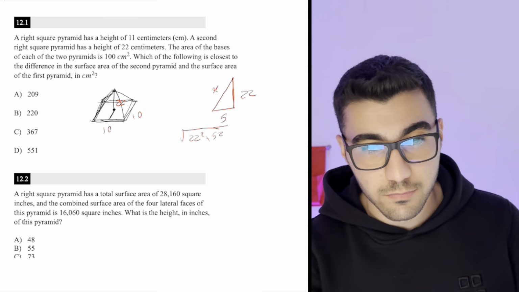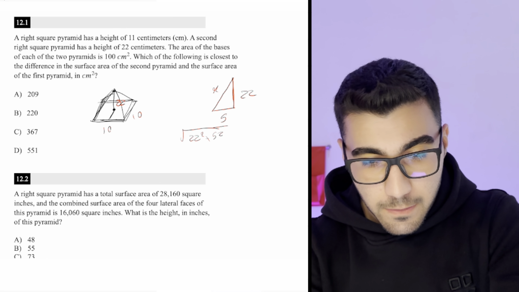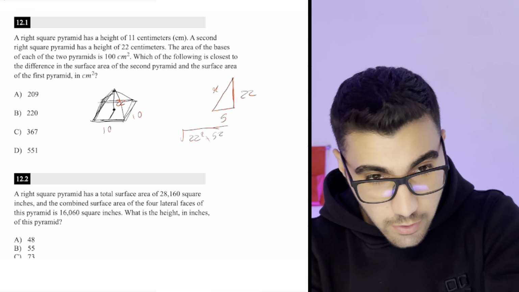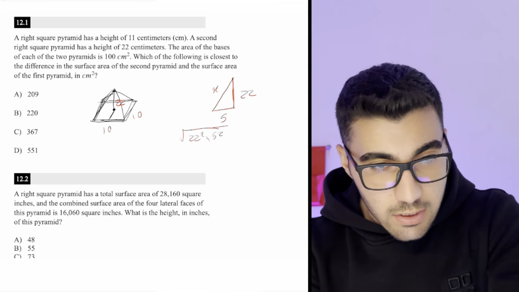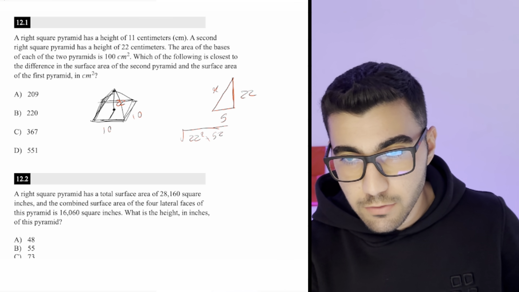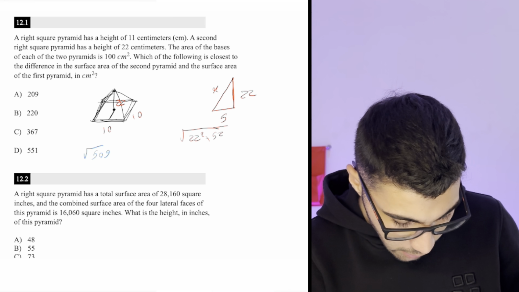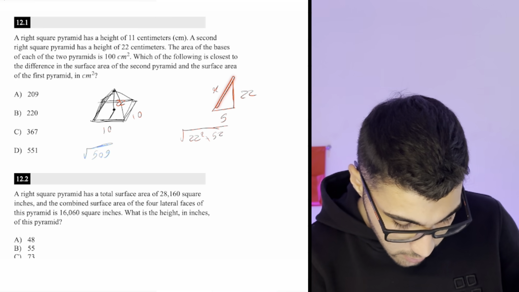Let's do that on Desmos. We're going to have the square root of 22 squared plus 25, which is the square root of 509. The square root of 509 is the height of the triangle, this part.